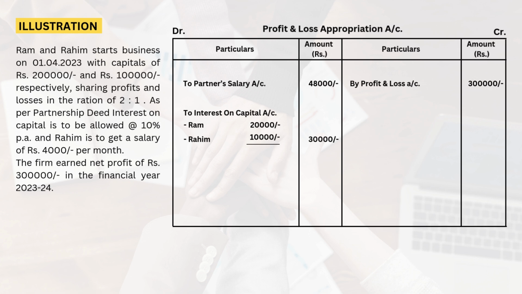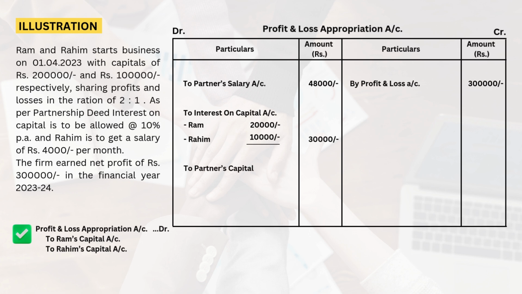Now the final part, entry for the distribution of profit. Profit and loss appropriation account debit to Ram's capital account to Rahim's capital account. Here, partners' capital will be posted into profit and loss appropriation account at debit side, but showing individual share of the partners. Fine. Here is the calculation of the share of profit.